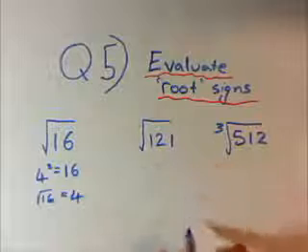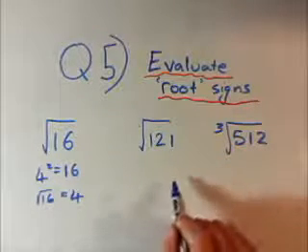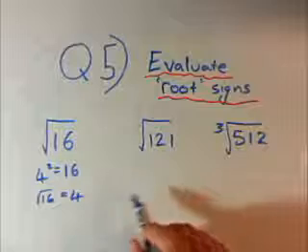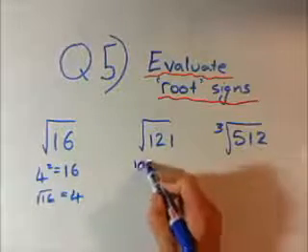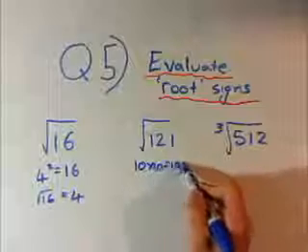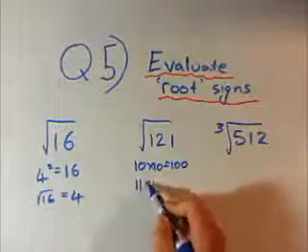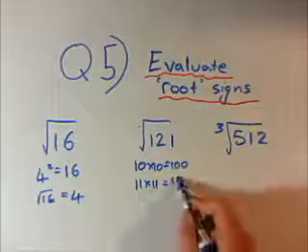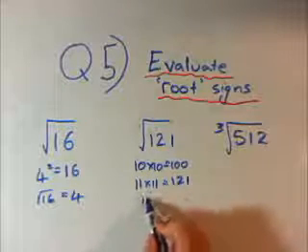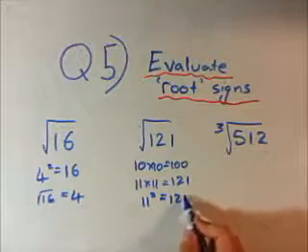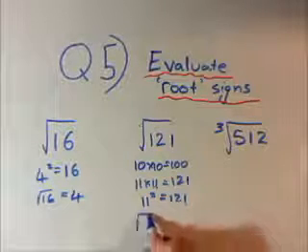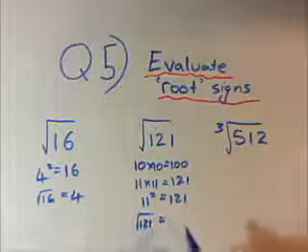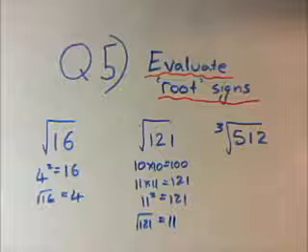So we're trying to find what number to the power of 2 equals 121. Or what number times itself equals 121. Well, we know that 10 times 10 equals 100. So we're close. What about 11 times 11? And that, bang, good, 121. This can also be written as 11 squared equals 121. So, reversing this now, the square root of 121 equals 11. And that's our answer for that one.